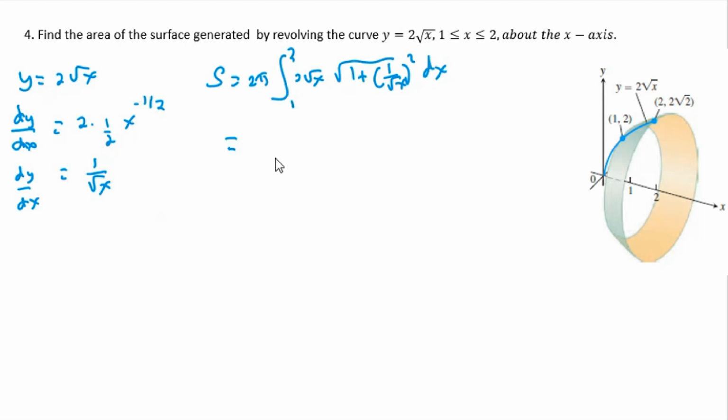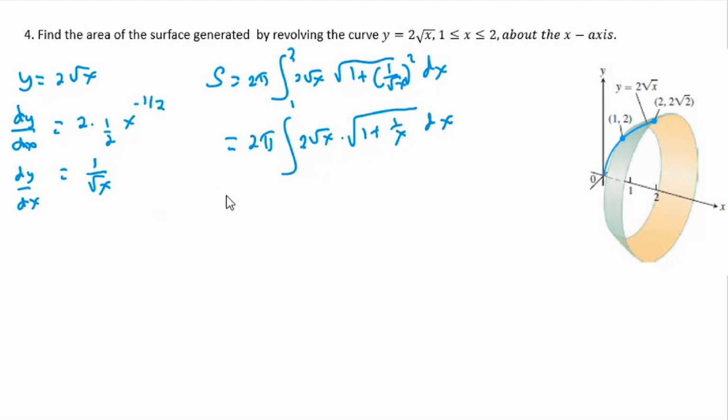Simplifying that further, we have 2 pi times the integral of 2 square root of x times we have 1 plus the square of 1, which is 1. The square of the square root of x is just x, dx.